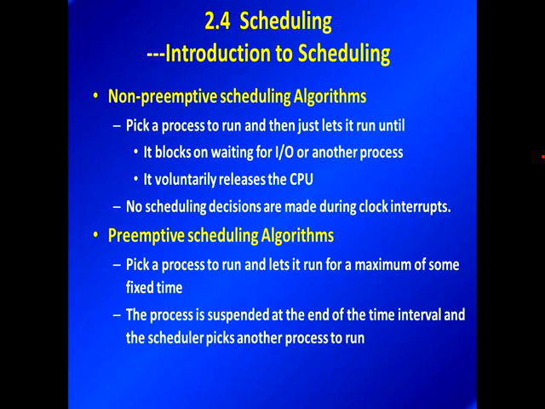So even though the current process in the CPU wants to run more instructions, the preemptive algorithms can push them out of the CPU, can force them to get out of the CPU. So this is the basic difference between the non-preemptive and preemptive scheduling algorithms.